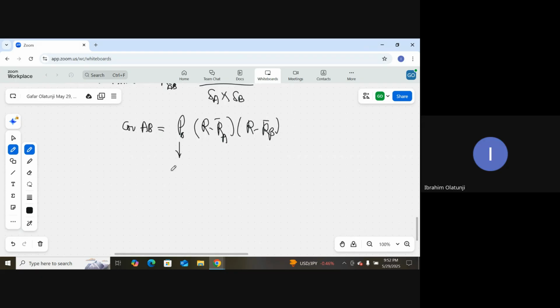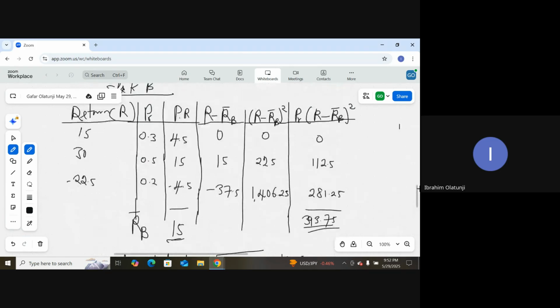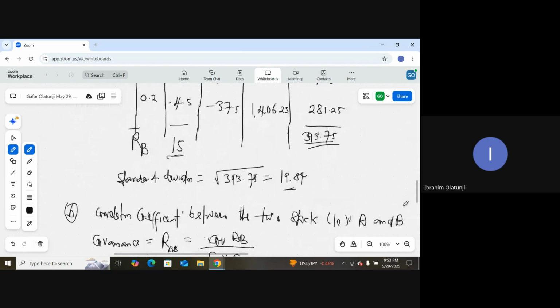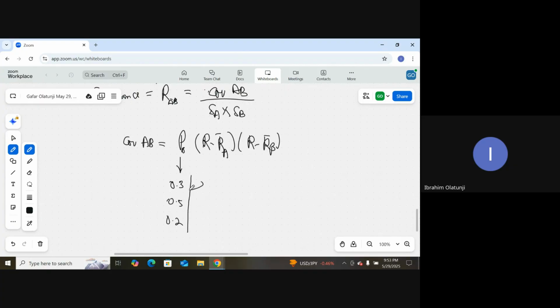You can have probability of 0.3 in the question, 0.5, 0.2. Then what of R minus expected return, that is R minus R bar A? We have 0, 10, minus 25.